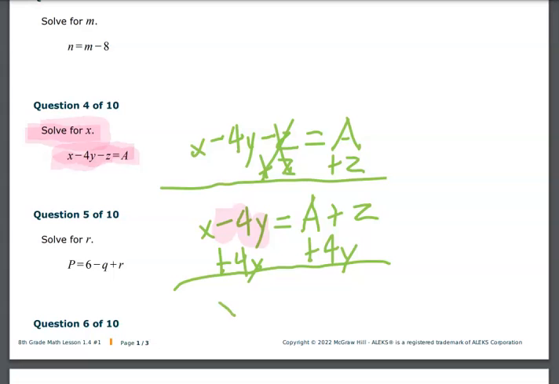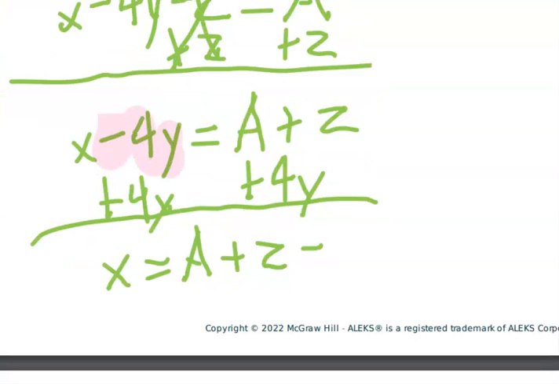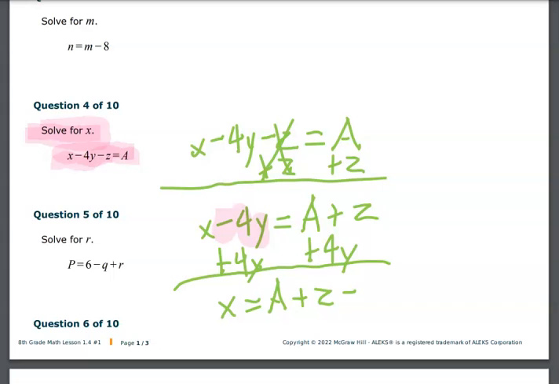And I get this: x equals a plus z, whoops, again, I feel like a boomer, gonna reset, plus 4y. And once I have my variable by itself, I can see that x is by itself. I'm done. I've solved the equation. So from here, that is my answer. So I would type in on Alex, a plus z plus 4y, and that's it.